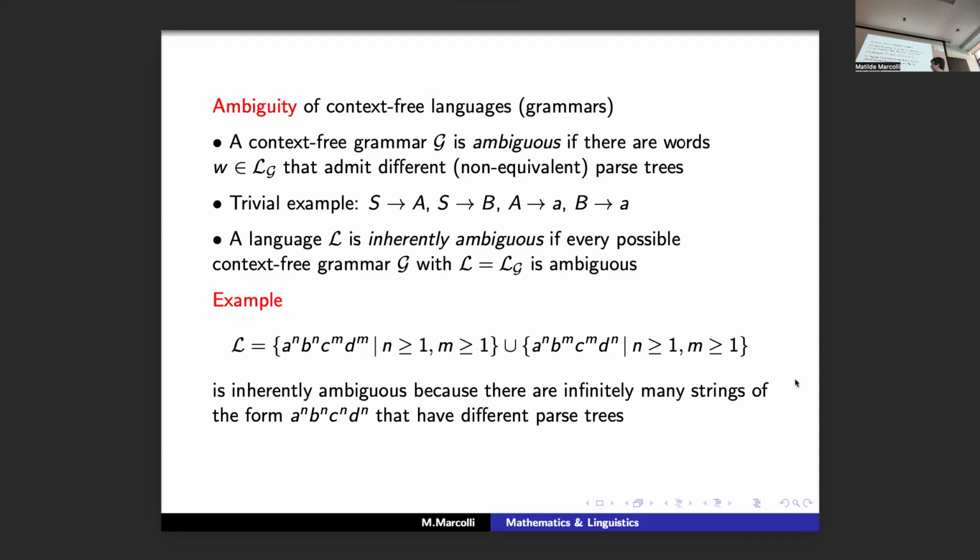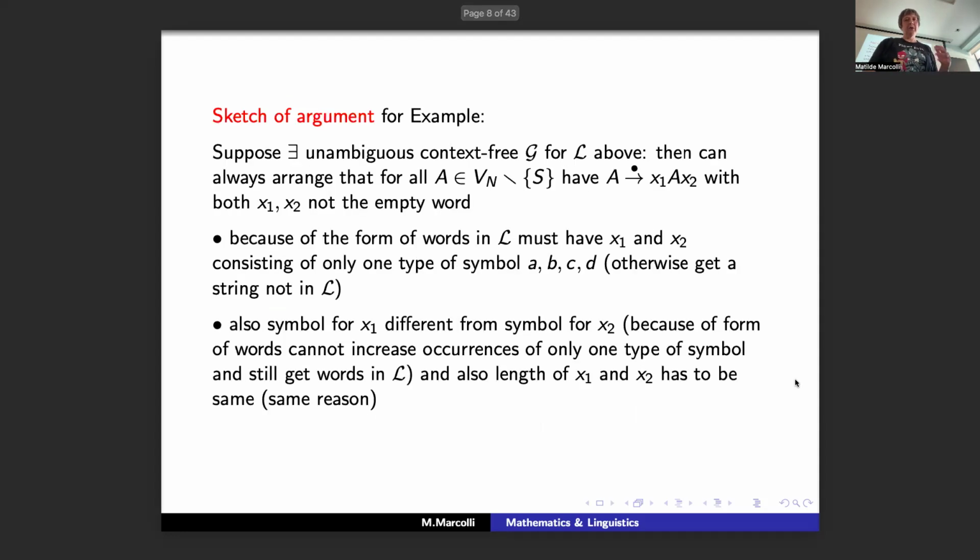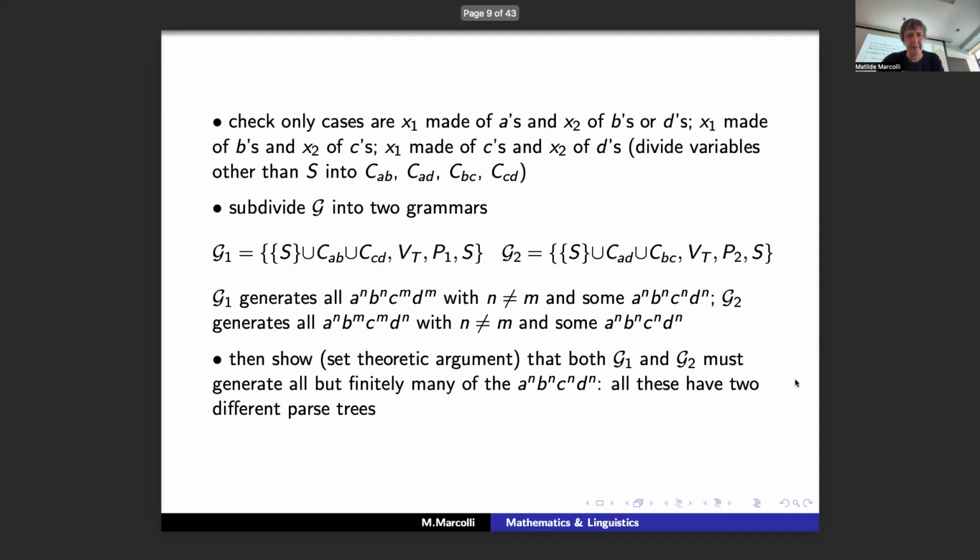And these two have different parse trees, so this set is always going to have two different ways of parsing. I'll skip the details of proving this, but you can separate your grammar for this example into two subgrammars that produce these two different recursions, and each of them produces an infinite number of these common sets, and all of them have ambiguous parse trees.